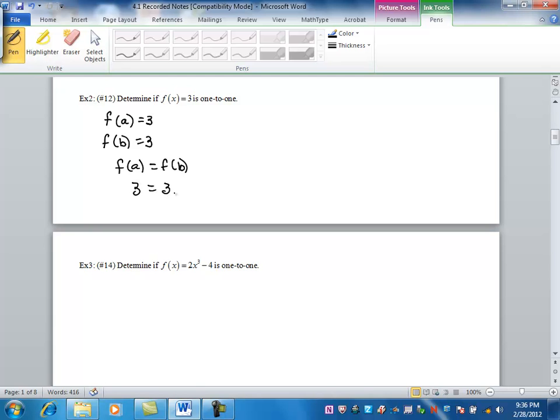That's all well and good, but we have not shown that a equals b. Thus, f of x equals 3 is not one-to-one.